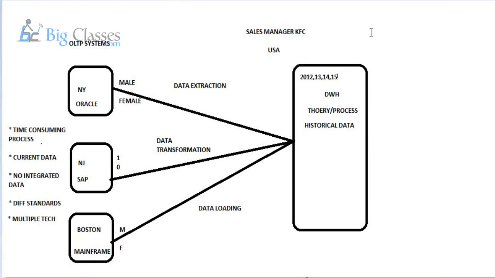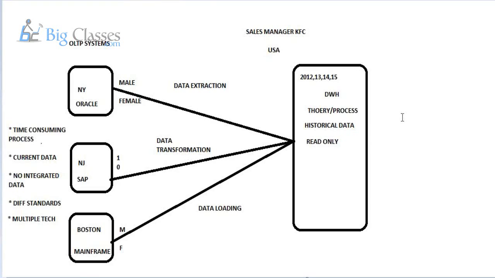So it contains the data over a period of years. Correct. So when it contains the data over a period of years, we can easily analyze how the business is running. It's a kind of read-only database. We are not going to do any updates here. So yes, it's a read-only database.